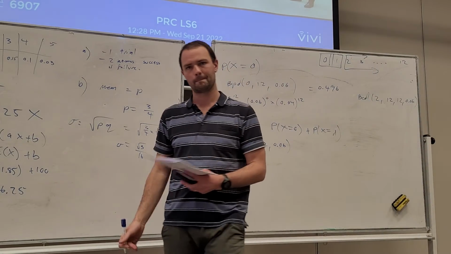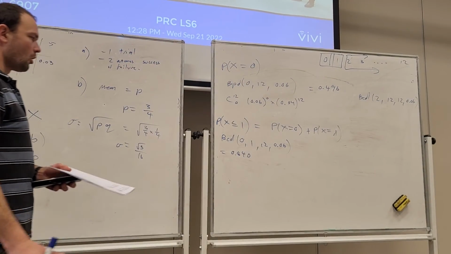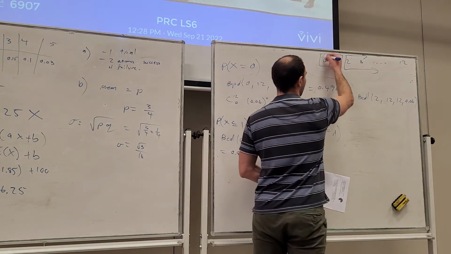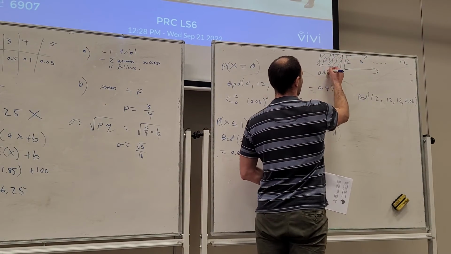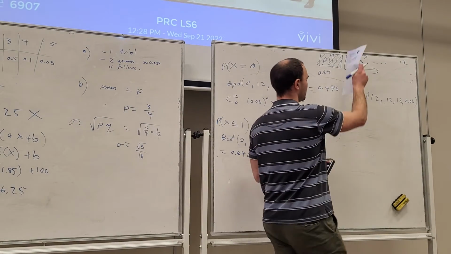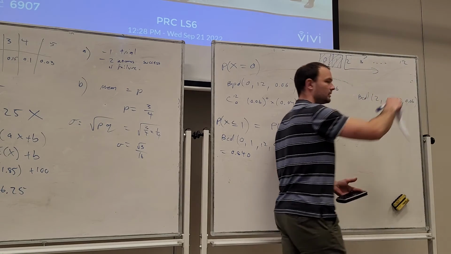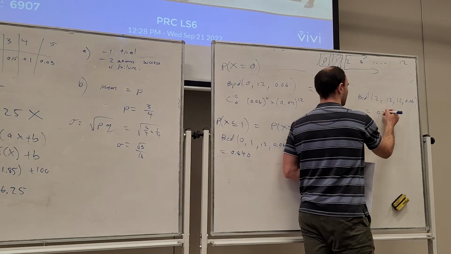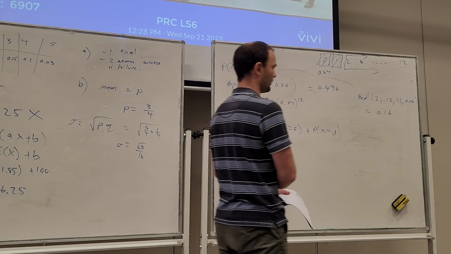Yep, we can do that. Or we know that this event here is 0.84. So this event from here onwards has to be 0.16. The sum of all probabilities adds to 1. So we know that that will evaluate to 0.16.